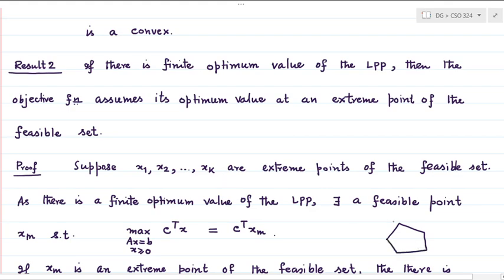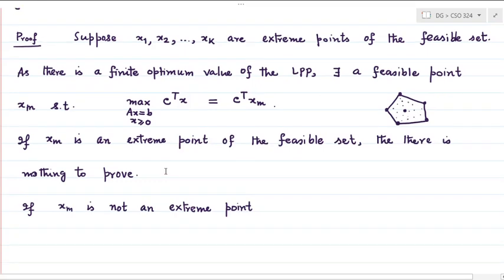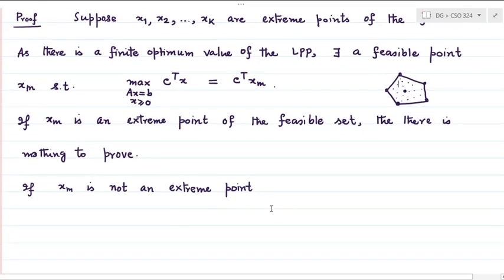And you have assumed the extreme points of these sets are this exhaustive collection x1, x2, up to xk, and therefore we notice that this polygonal region is the convex combination of the vertices. So any point that is a feasible solution is obviously a convex combination of these vertices.